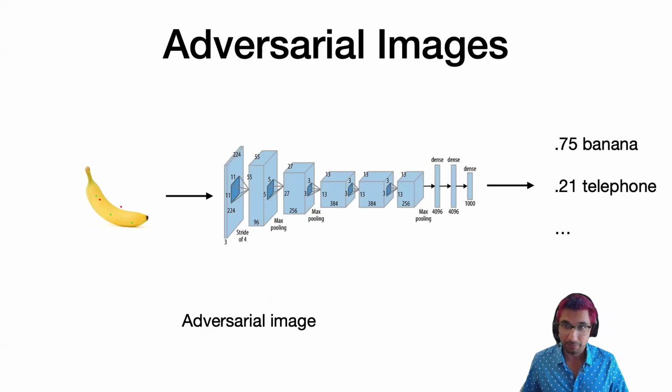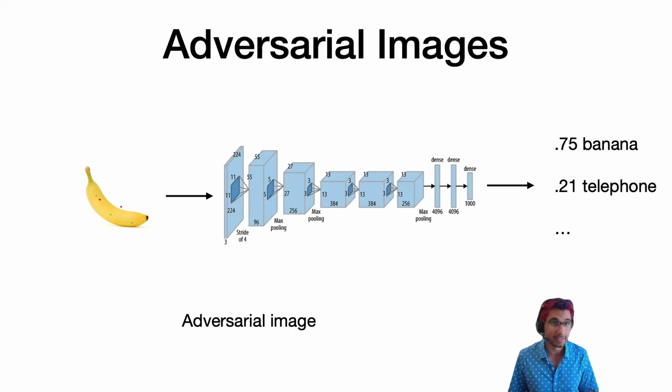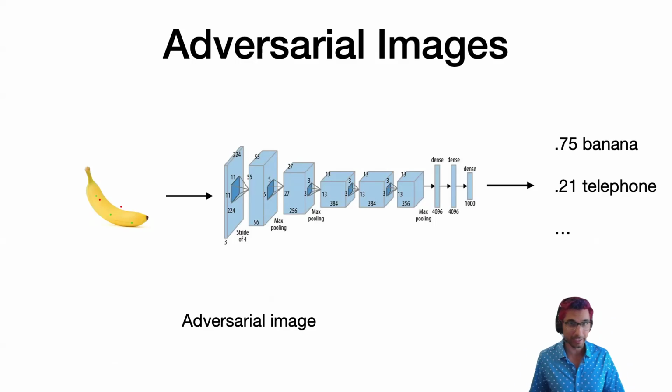Now, if you're just trying to create a single image, you can often create a single image that the neural net will very confidently miscategorize. Whereas training the neural net takes a very large amount of computational power because you're trying to make it do a good job on millions and millions of images.